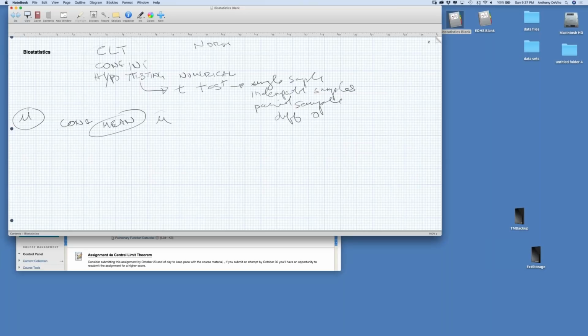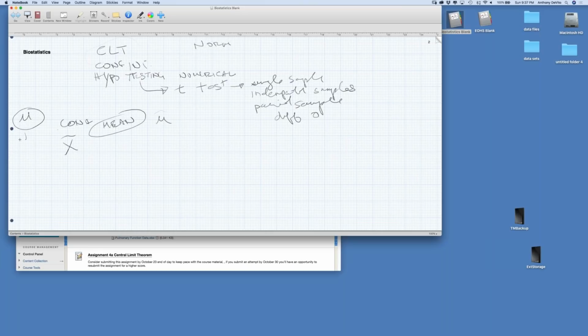Unfortunately, the only way to know the mean of that population is to measure everybody in that population. But usually that's impossible. That's the reason why we take the sample, because we don't have the resources to measure everybody in the population. So instead of measuring mu, we measure x bar, which is the mean of the sample that we took from that population.